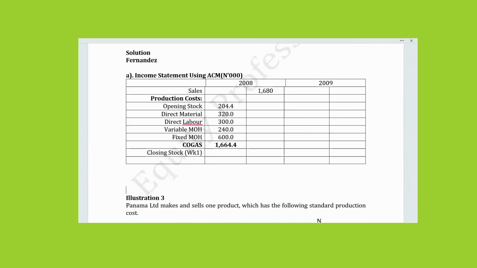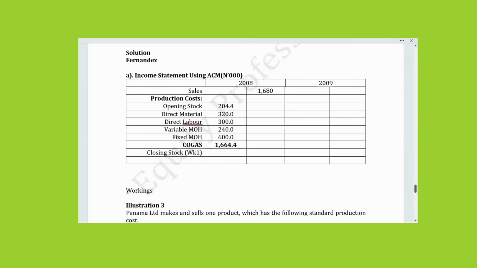Therefore, we go and do working for closing stock. So I will come here, workings. Working number one, we want to calculate closing stock.